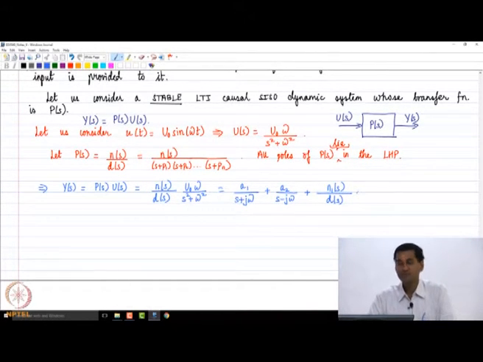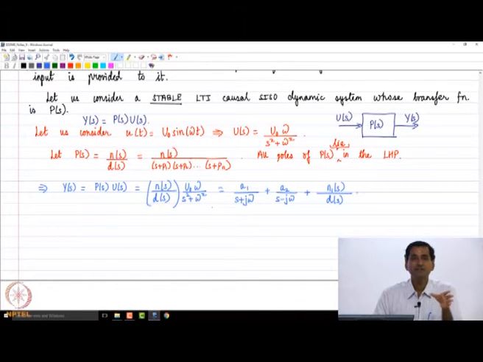I am just doing partial fraction expansion, right. The plant transfer function is n of s divided by d of s, and I multiply it with a second order term, whose denominator is s squared plus omega squared. So, I am writing s squared plus omega squared as s plus j omega times s minus j omega.